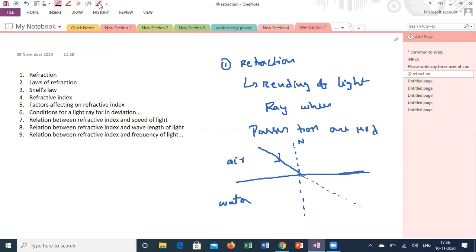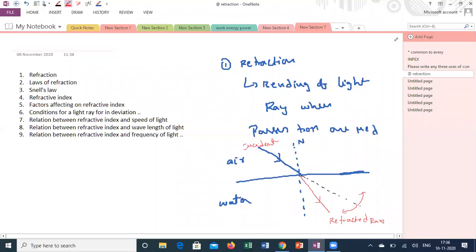But here the medium is different. There are only two possibilities: the light ray can bend towards the normal or away from the normal, depending upon the mediums. In this case, the light ray will bend towards the normal. This is called the incident ray, and this is called the refracted ray, which bends towards the normal.